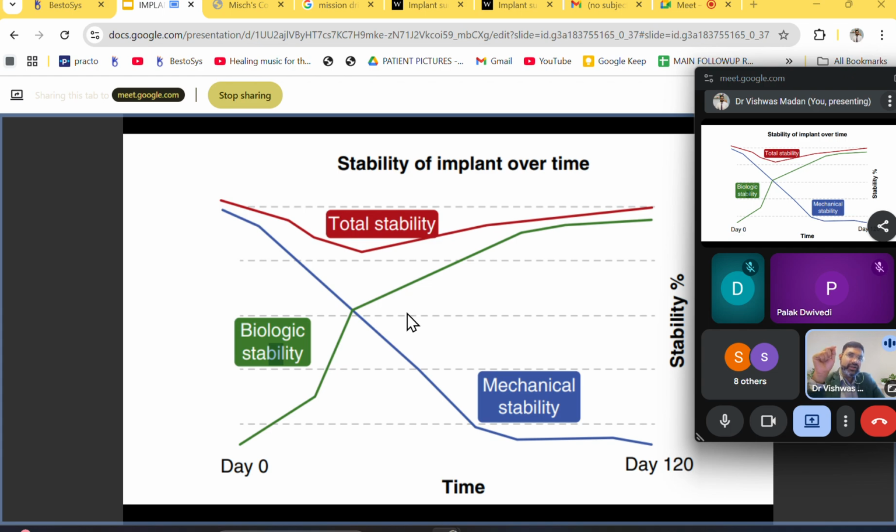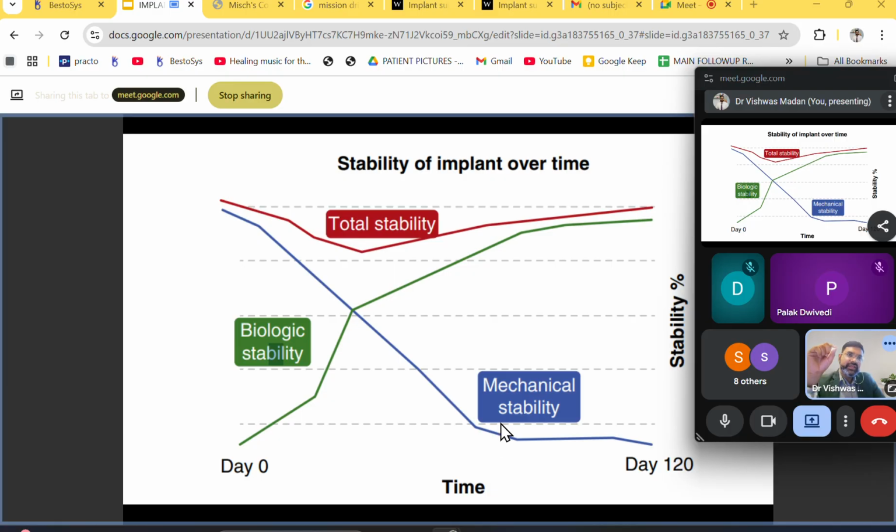So imagine if you're drilling inside a cement wall and you made a hole which is bigger than the screw which you have. What will happen? The screw, when you fit it in, will be very loose, right? So when it is loose, it will not have any good stability. That is known as the mechanical stability, the primary stability. It will be very little or almost none.